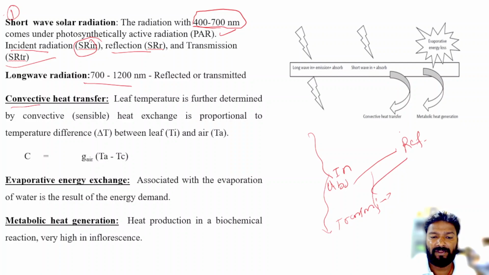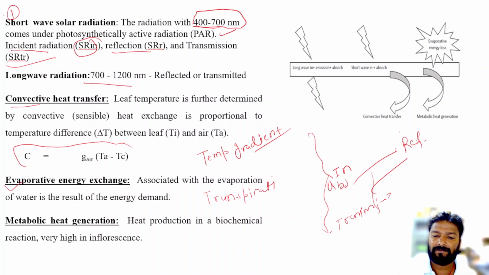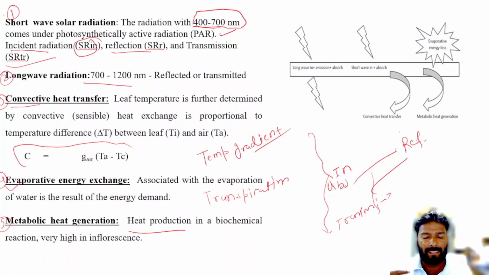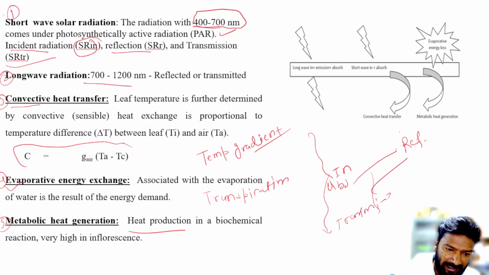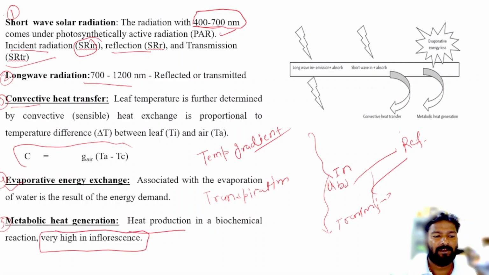Convective heat transfer occurs due to the temperature gradient. Then evaporative energy exchange, that is useful for the transpiration process. And the last one is metabolic heat generation, produced during some biochemical processes. It is very small, but very high in the case of inflorescence. So these are the components of the energy balance.